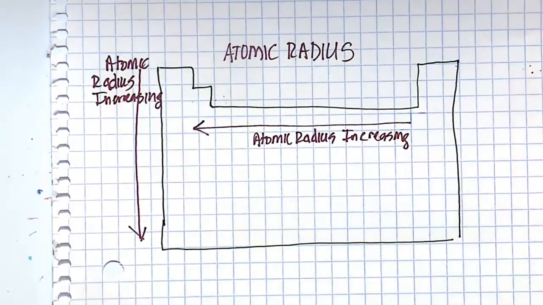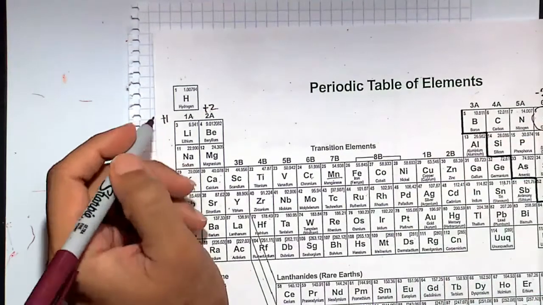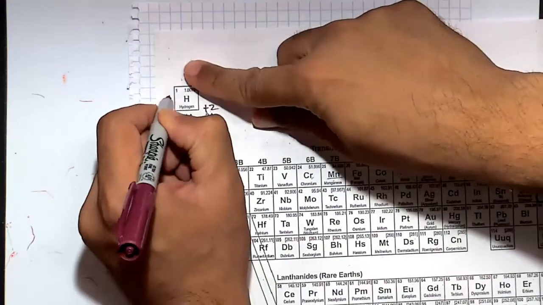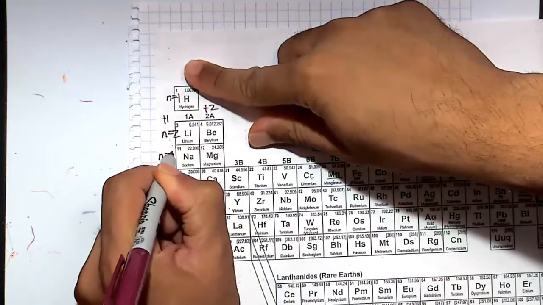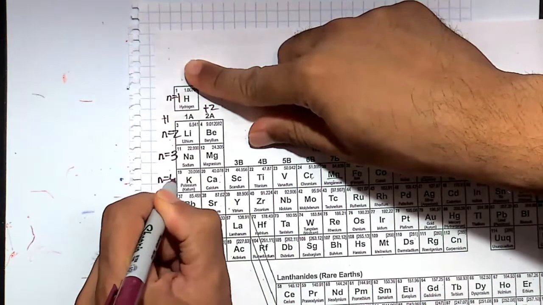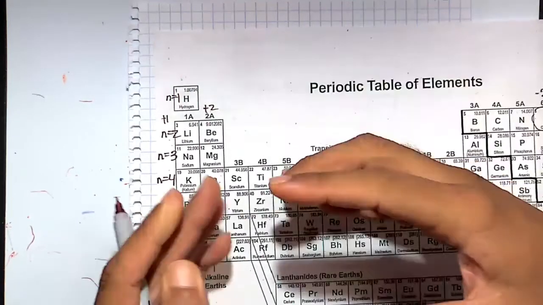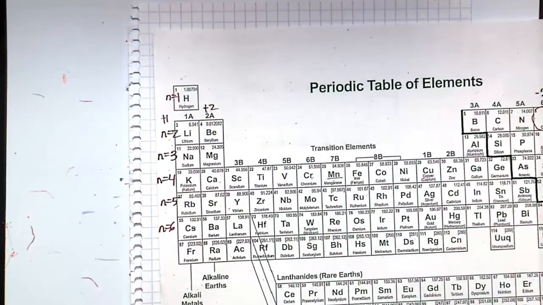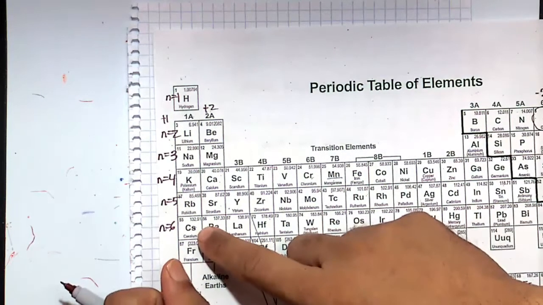Increasing atomic radius going down the group is very easy to explain. Here, this is principal quantum number 1, n equals 1. The second row has energy level 2, then energy level 3, energy level 4. As the period increases, you're getting more and more outer, and the more outer you go, the more outer electrons you have.